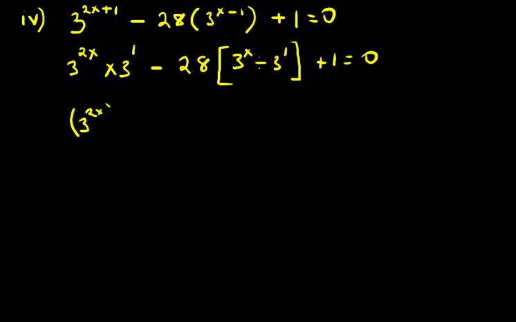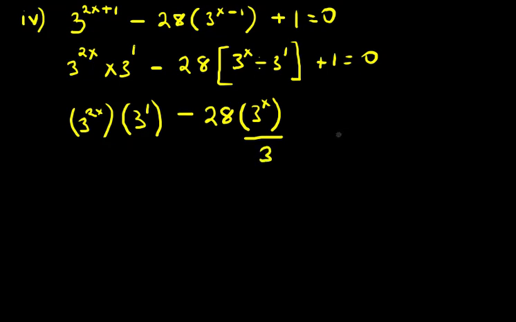You can actually put this in brackets and then say 3 power 1, then minus 28. So we can also put this in brackets, 3 power x over 3 there, like that, since it's dividing, then plus 1 is equal to 0.